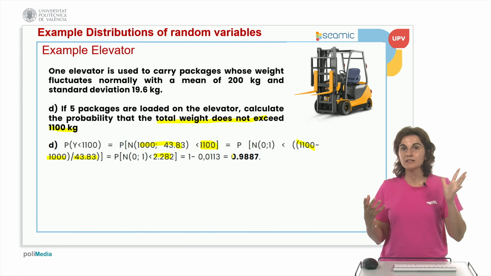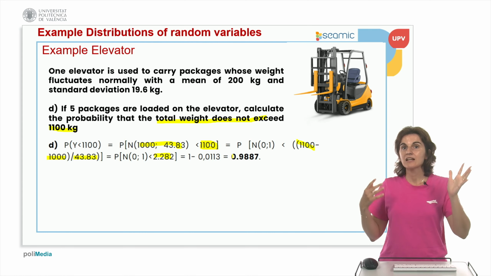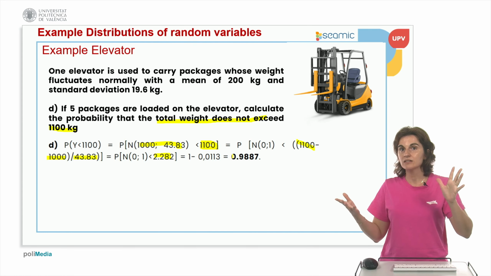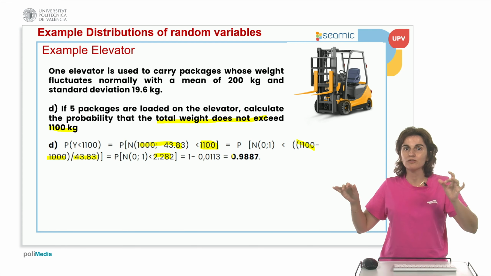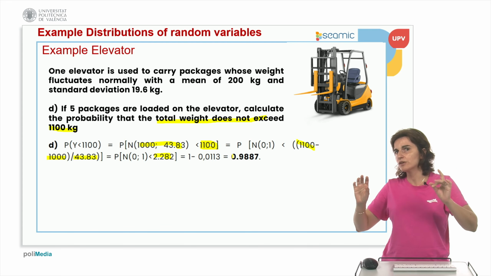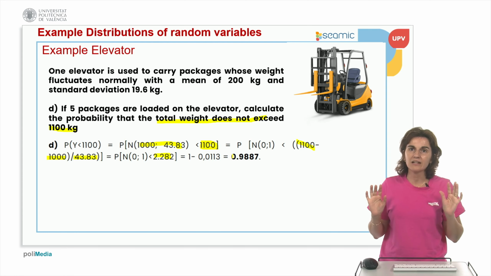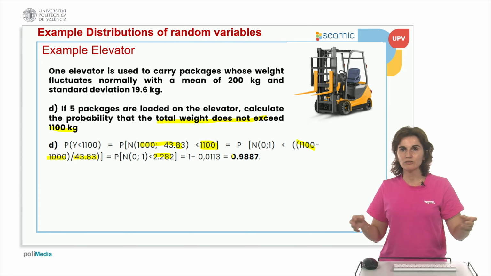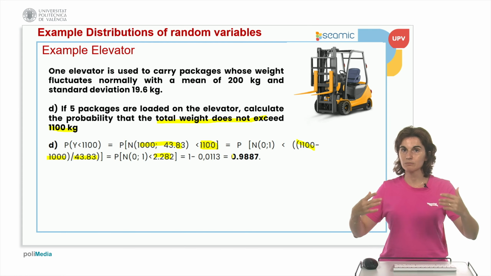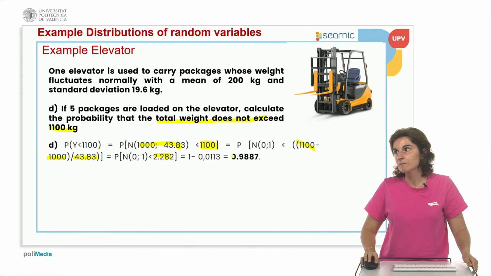So what's the probability that the total load is less than 1100? It's quite high, because the standard deviation is about 43. It's very unlikely that we have 2 very big packages that for any reason exceed these parameters. So it makes sense that the probability is 98.88.